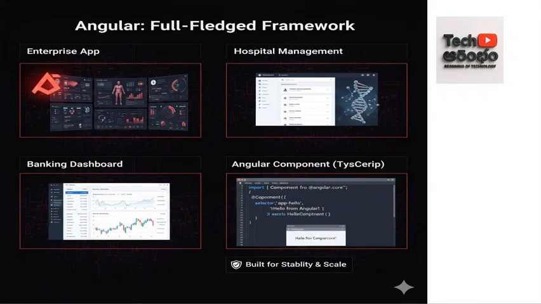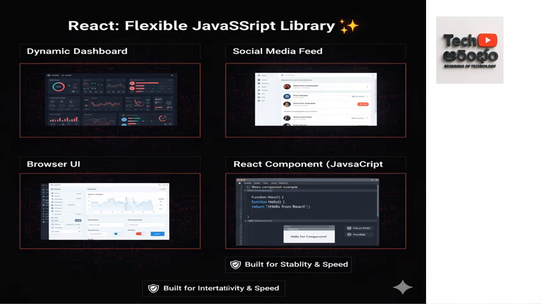Angular provides the stability and structure needed for massive projects where long-term maintenance is critical. If your main goals are stability and scale, and your team is comfortable with that organized enterprise structure, Angular is the clear winner.